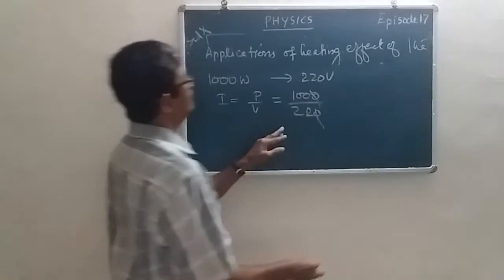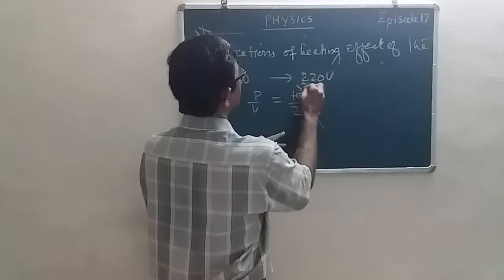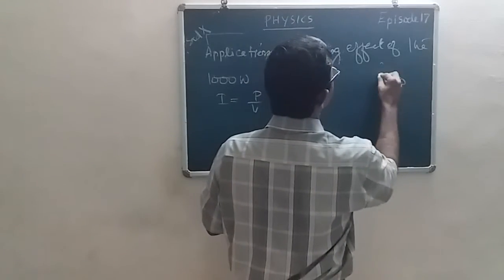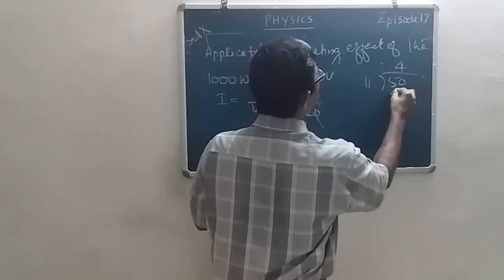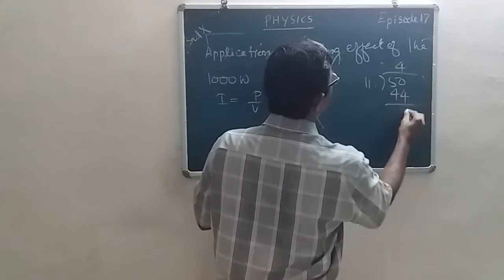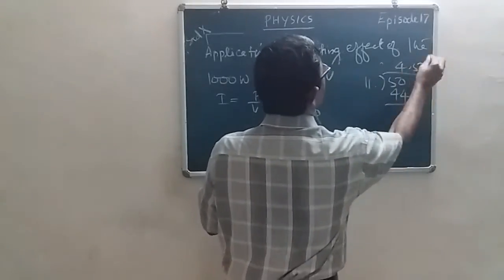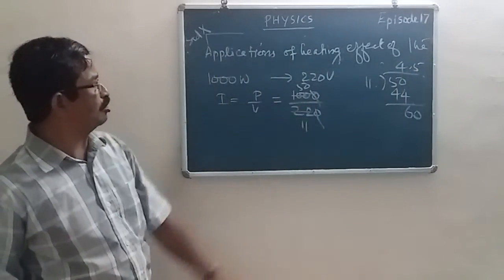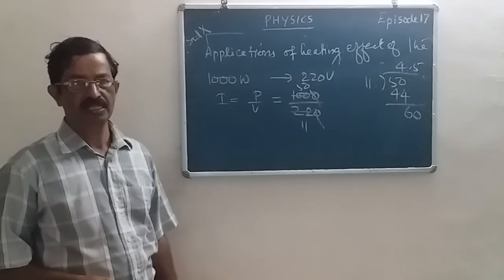Cancelling, that is 50 divided by 11, which is 4.5. That means the current through that electric iron is 4.5 ampere.